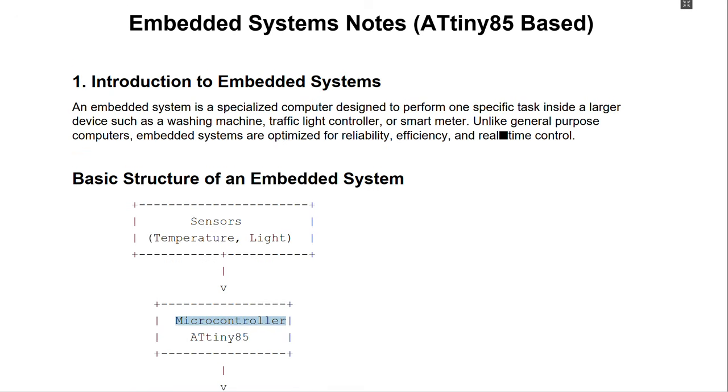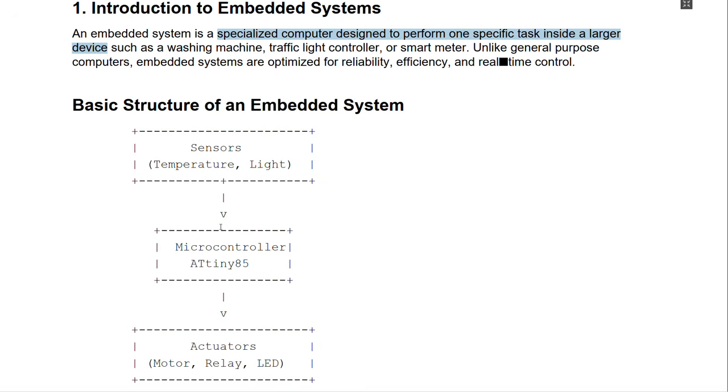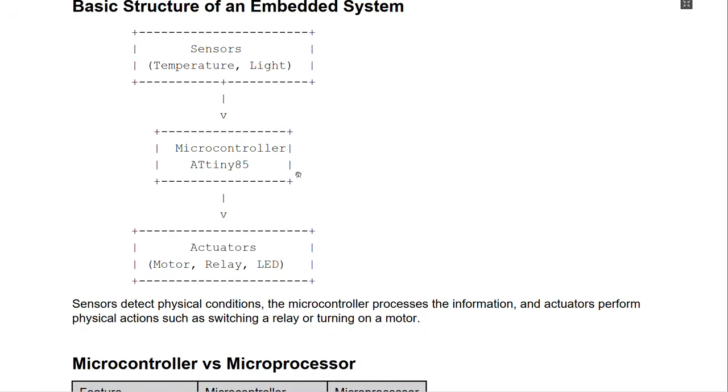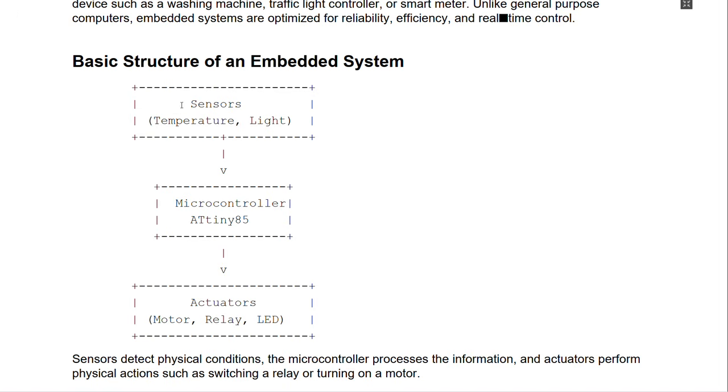This is the specialized computer designed to perform one task inside a larger device. This is what we call a microcontroller. And it's not only a microcontroller, as we will see, because sometimes we have a microprocessor, but most likely this is the architecture.